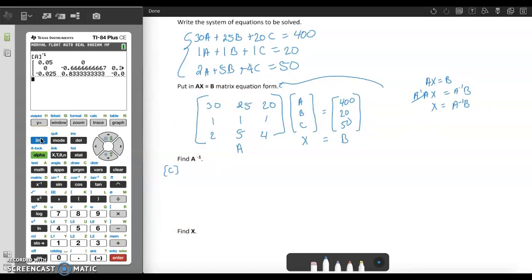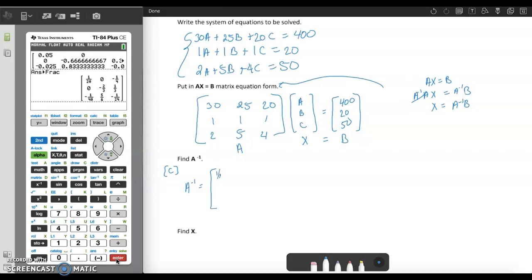Now, I want to make this more readable, so I'm going to do a math and turn this into fractions. And I'm going to write that down. So my A inverse, which I haven't saved yet, but I'm going to. I should have saved it right then, but I forgot.